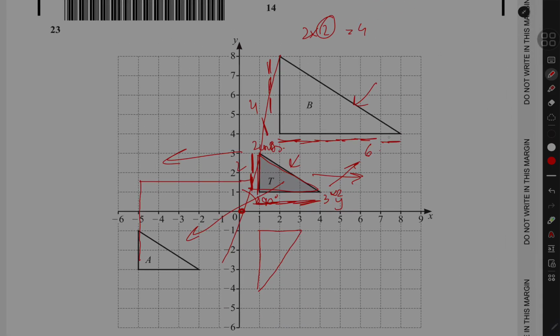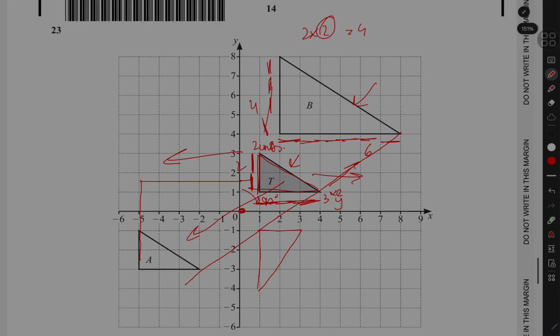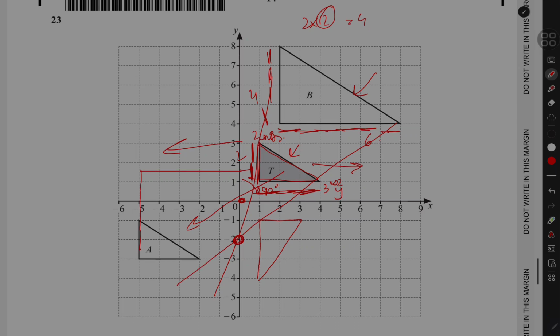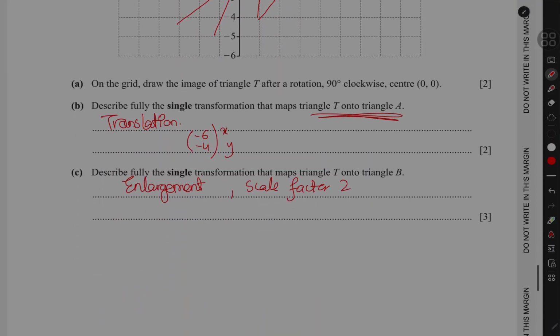And here is the line. And now the point where they merge, approximately, I can't draw a straight line. So the point here is 0, -2. So the center of enlargement is 0, -2.